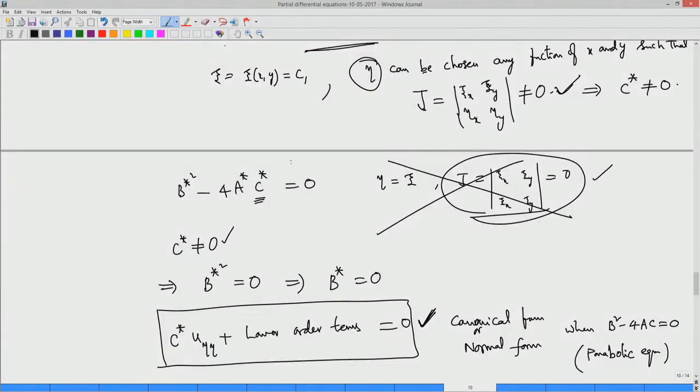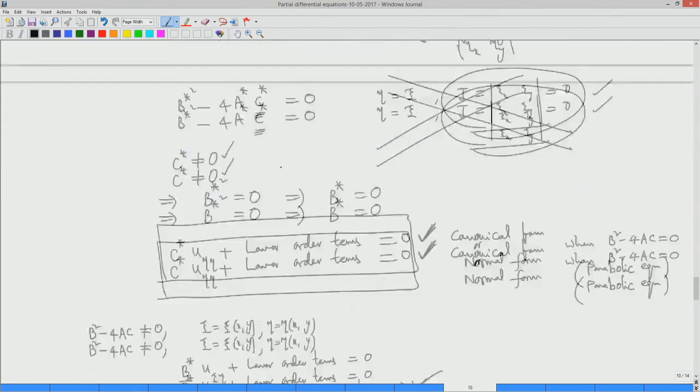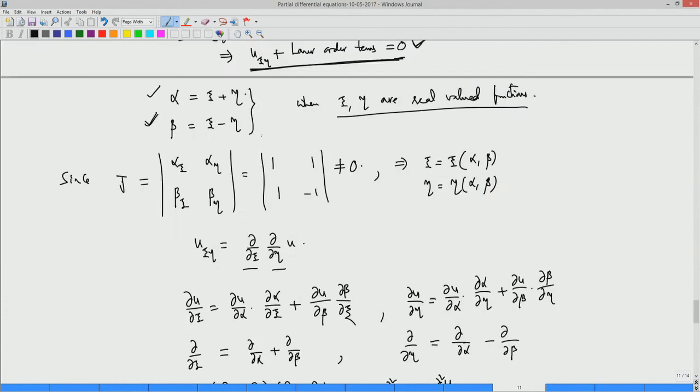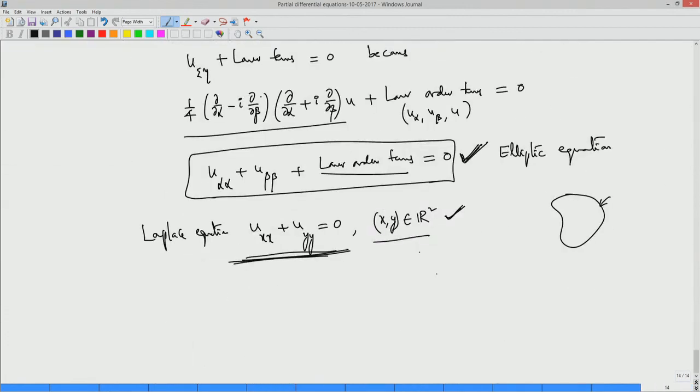That contradicts the assumption that the Jacobian is non-zero by choosing a suitable eta function. So, c star is non-zero, but a star is 0 with which you got the xi function. So, b star has to be 0. So, finally you end up with c star non-zero, that is u eta eta plus lower order terms equal to 0. We will continue from there.